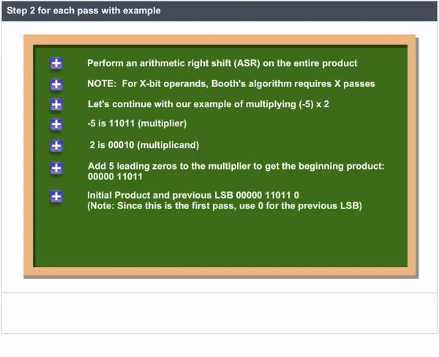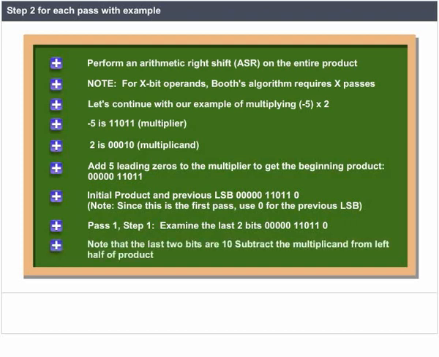Initial product and previous LSB: 00000 11011 0. Note, since this is the first pass, use 0 for the previous LSB. Pass 1, Step 1. Examine the last two bits of 00000 11011 0. Note that the last two bits are 10. Subtract the multiplicand from the left half of the product.